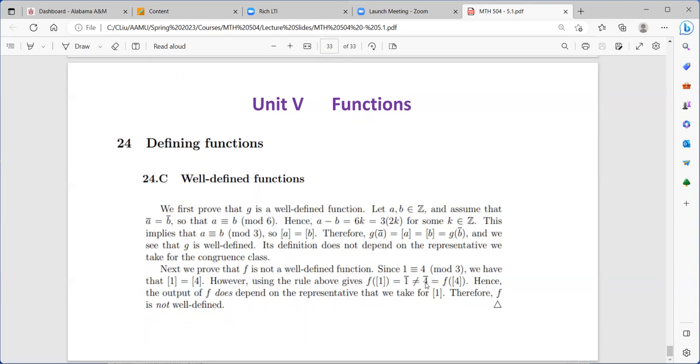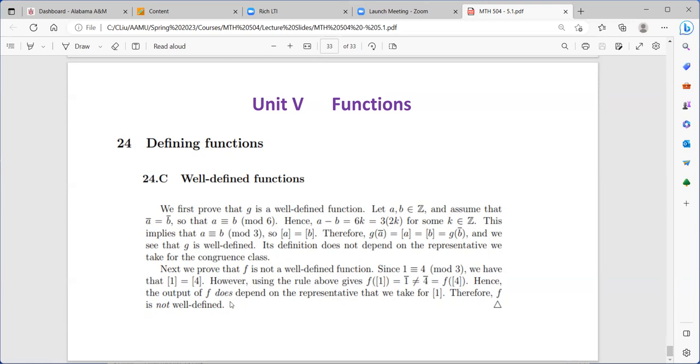So 1 bar is not equal to 4 bar. When you divide 1 and 4 by 6, you get different remainders. And this 4 bar is just F of bracket 4. By definition, we defined F of bracket A equals A bar.